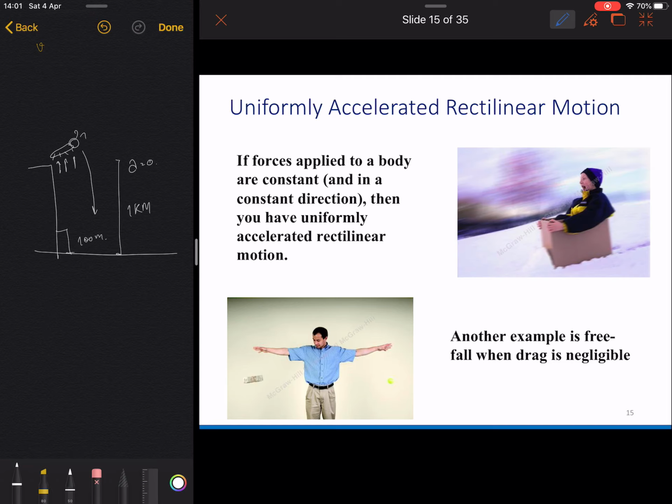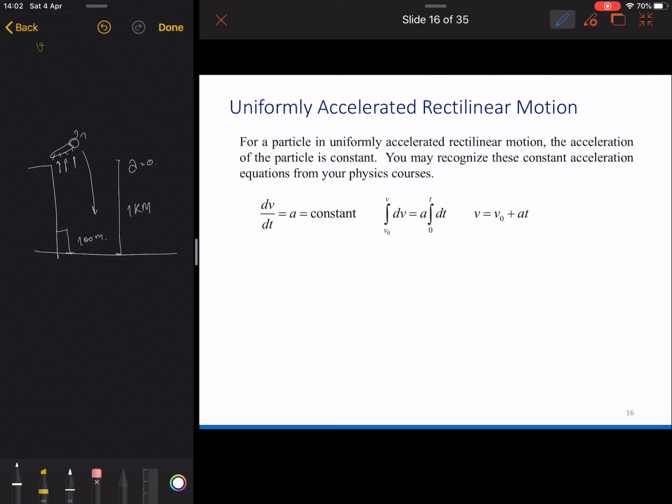For example, you have a guy like this, you push it with constant F, and your force is applied constantly until it reaches the terminal velocity, and then acceleration will become 0. This is also called rectilinear uniform motion.